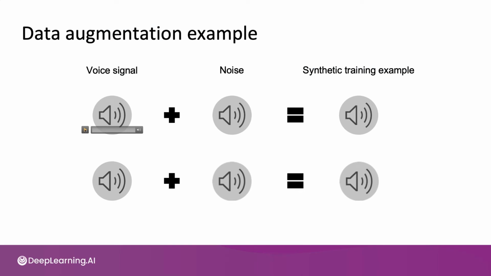Take speech recognition. Given an audio clip like this, "AI is the new electricity." If you take background cafe noise, and add these two audio clips together, literally take the two waveforms and sum them up, then you can create a synthetic example that sounds like someone saying "AI is the new electricity" in a noisy cafe.